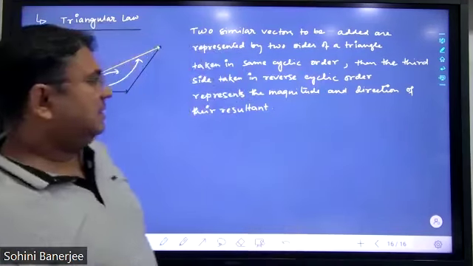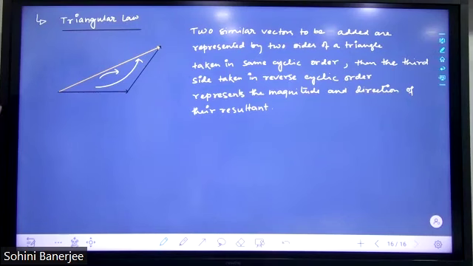That's how we get the resultant vector. That is the triangular law. No separate formula.